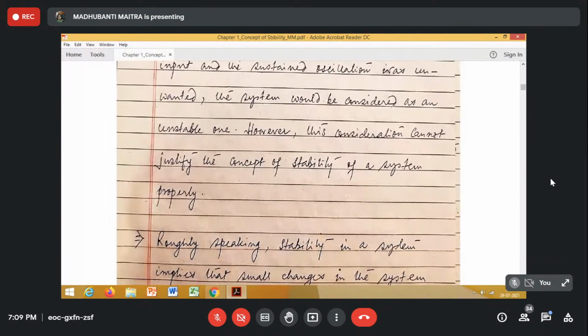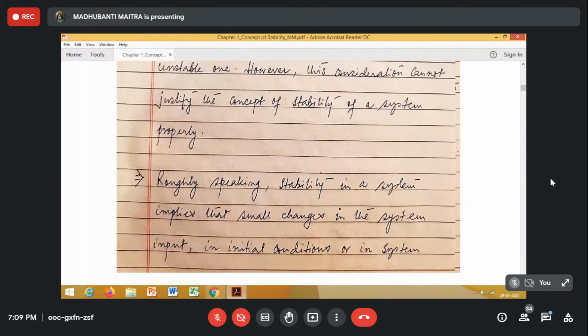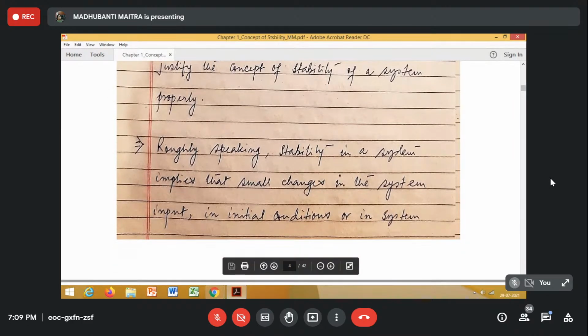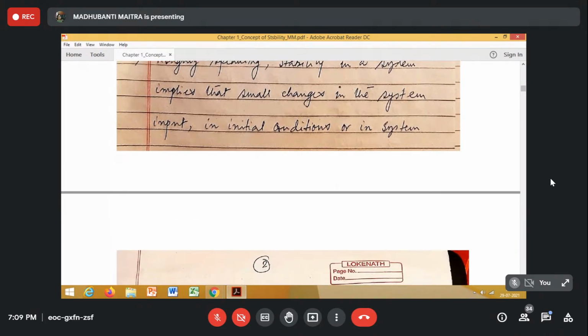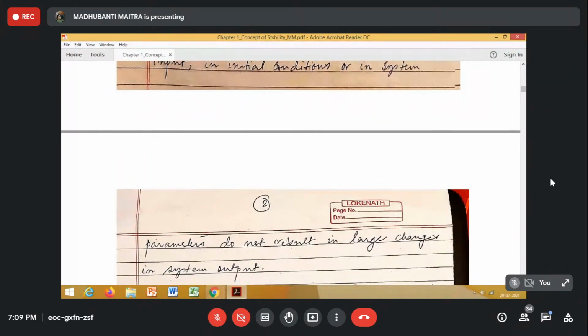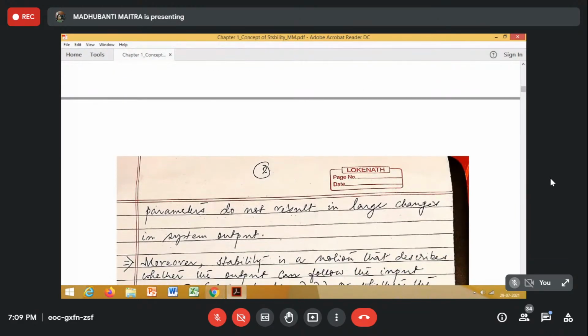So, roughly speaking, if you try to explain the notion of stability of a system in an informal manner, then we can say that the stability of a system implies that small changes in the system input, in initial conditions, or in system parameters... That means if you slightly change the system input, or the initial condition, or the system parameters, the output response of the system should not deviate farther and farther from the input signal, right?